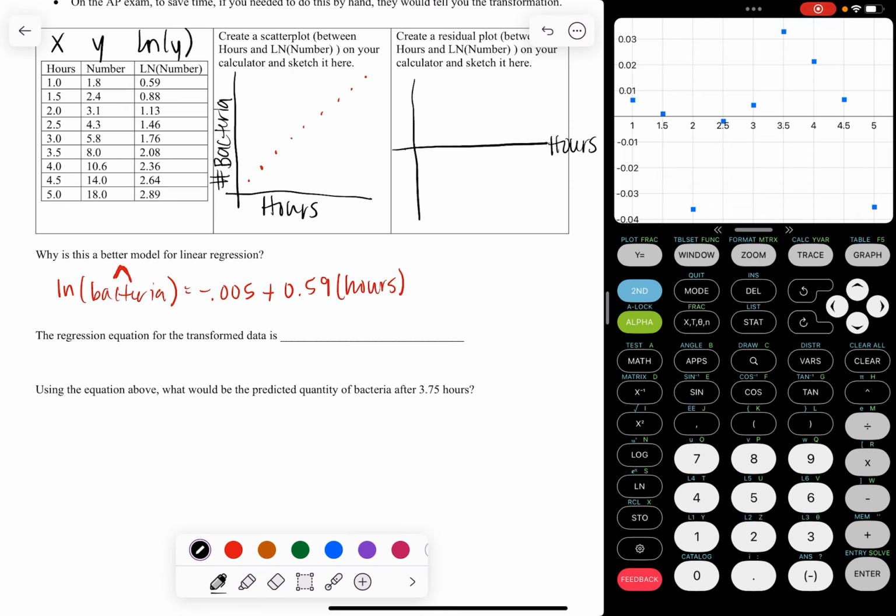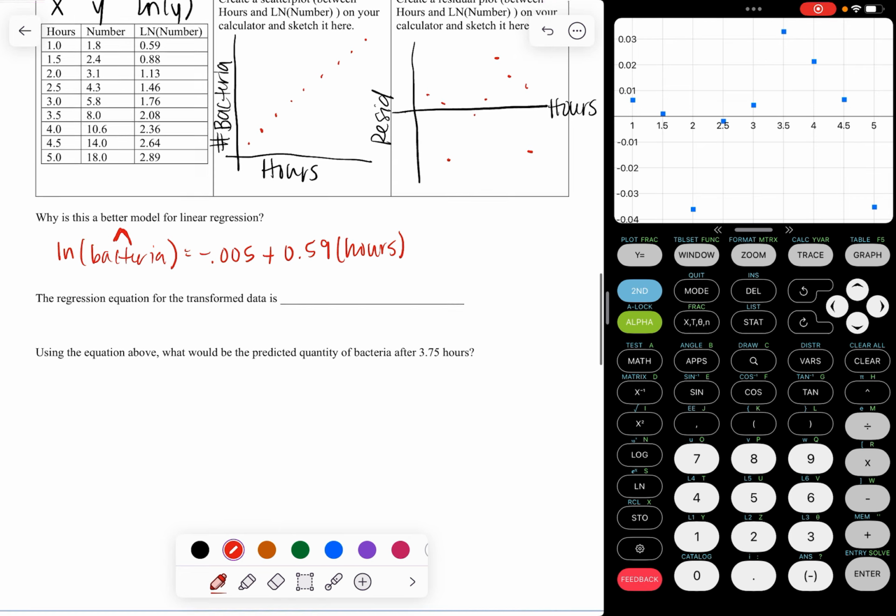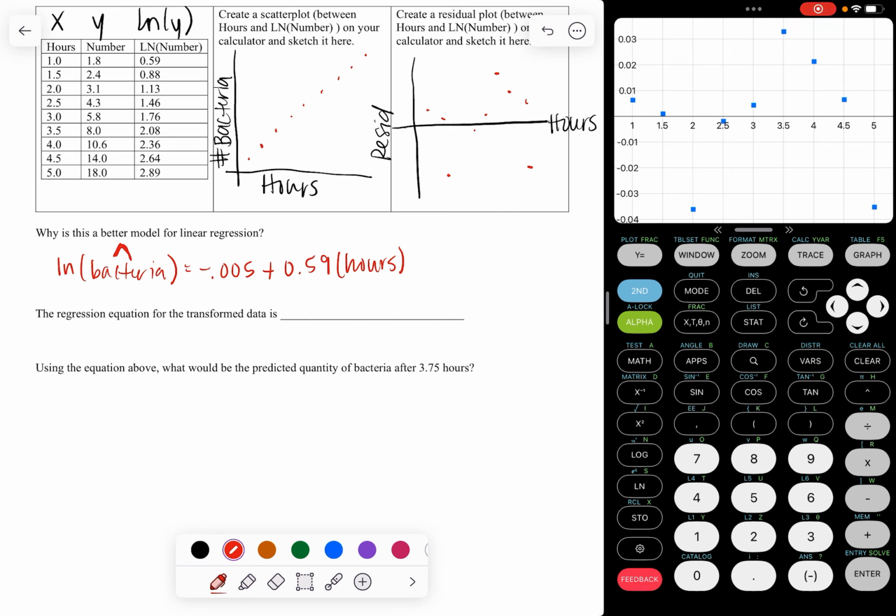Hours on the x-axis, resid on the y. And you should see a fairly random bit of data where there's no real curvature forming, which is what we're looking at. So this means that the model is a good fit.